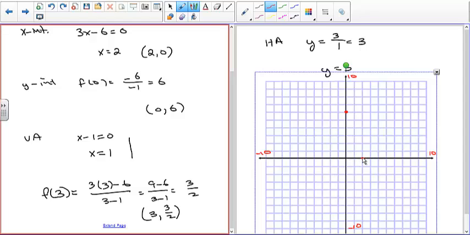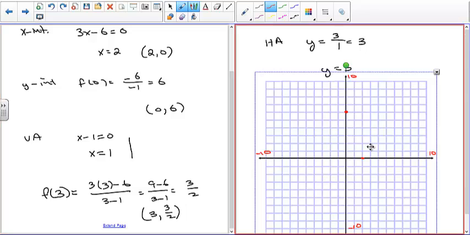So we get 1, 2, 3, 3/2, which is 1.5. So that's an additional point. Okay, so we've got the y-intercept, the x-intercept. We've got this additional point. We've got a vertical asymptote at x equals 1, and we've got a horizontal asymptote of 3. So this is y equals 3, this is x equals 1.